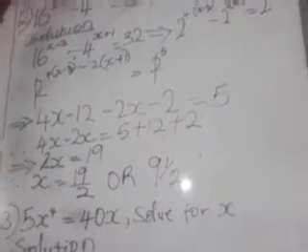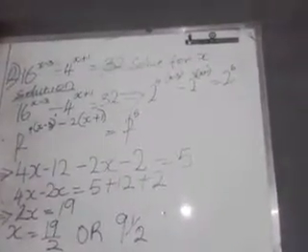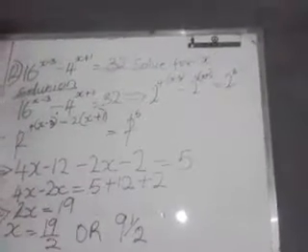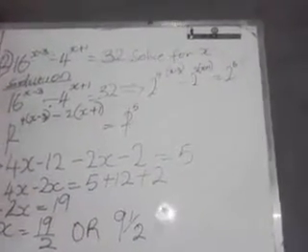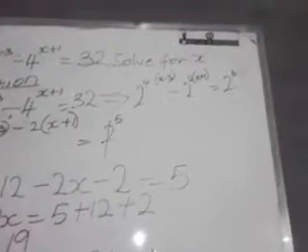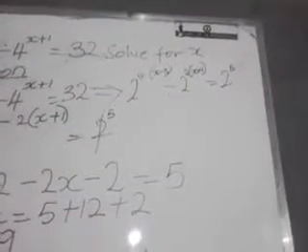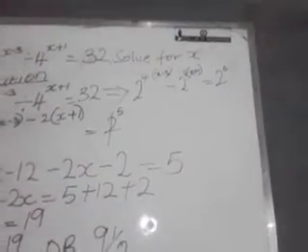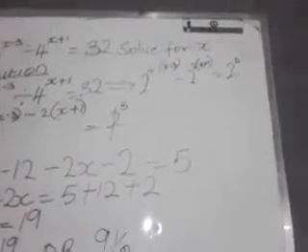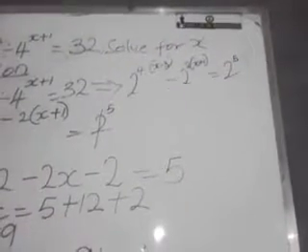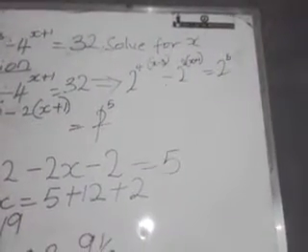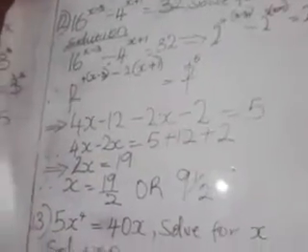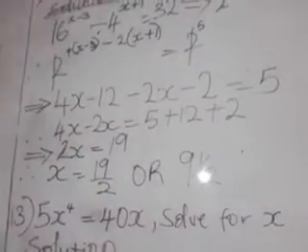Then what we now have is 2 raised to power 4 bracket x minus 3, you close the brackets, times 2 raised to power 2, divided by 2 raised to power 2, you open bracket x plus 1, you close the bracket, equal to 2 raised to power 5. Remember that the law of indices says that for division, you subtract the index of the divisor.